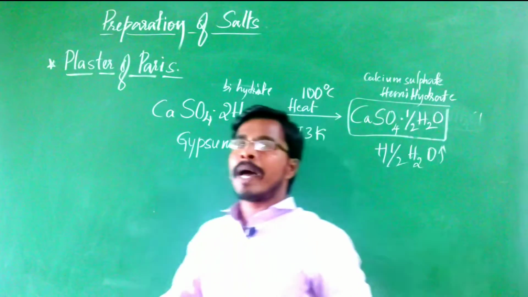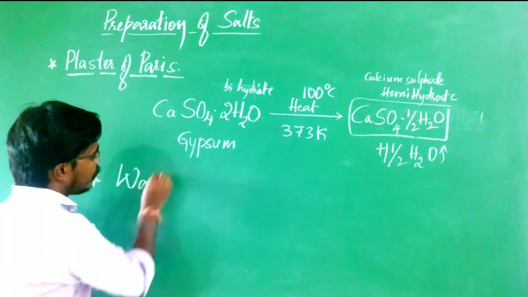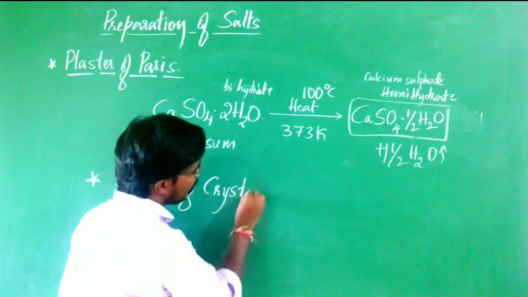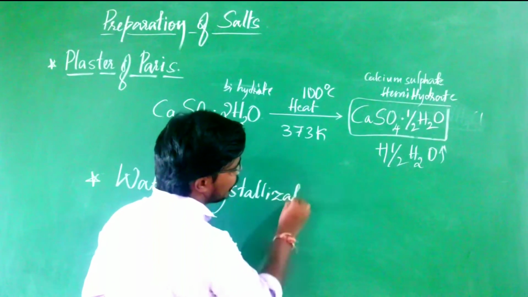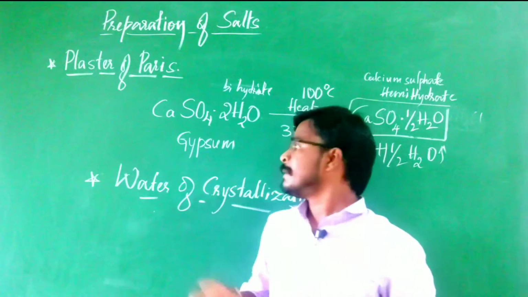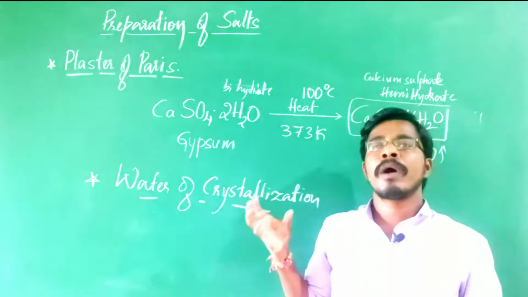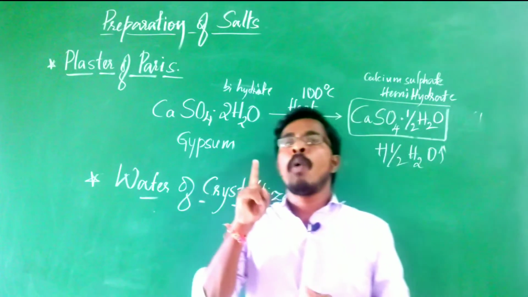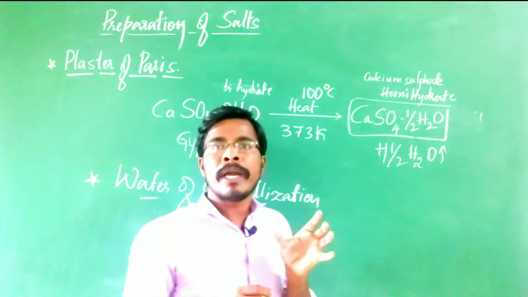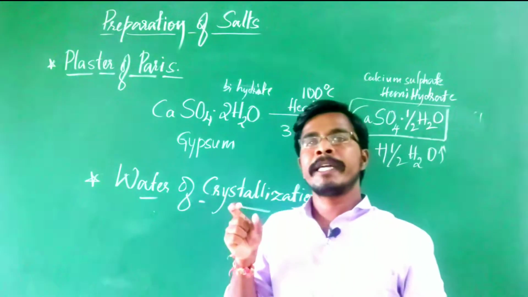Okay, and the next one we have is water of crystallinity, or water of crystallization. Water of crystallization means a fixed number of water molecules will be attached to one formula unit of salt.